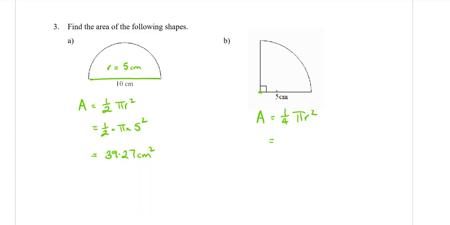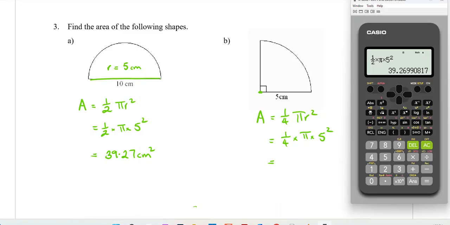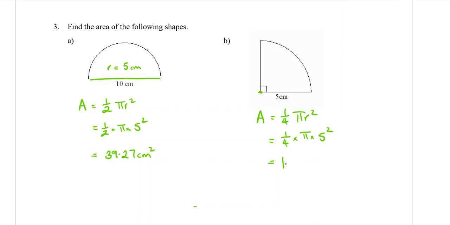Now this was the center, which means that 5 is the radius. So it'll be a quarter times pi times 5 squared. In the calculator, a quarter times pi times 5 squared is 19.63 centimeters squared.